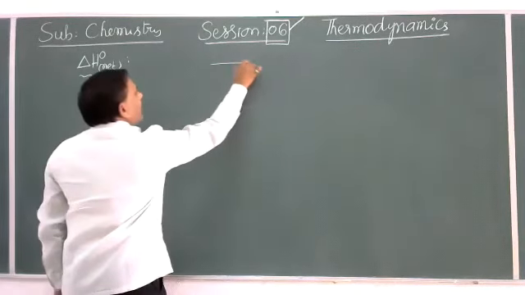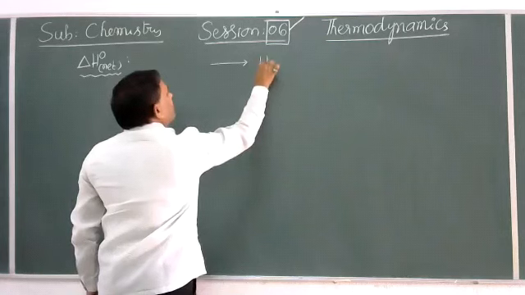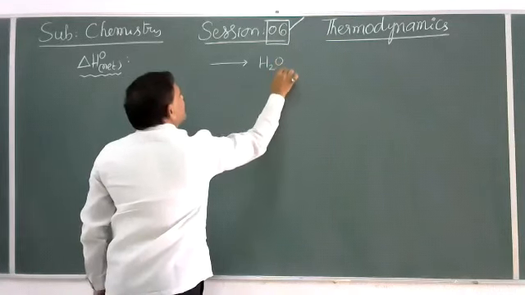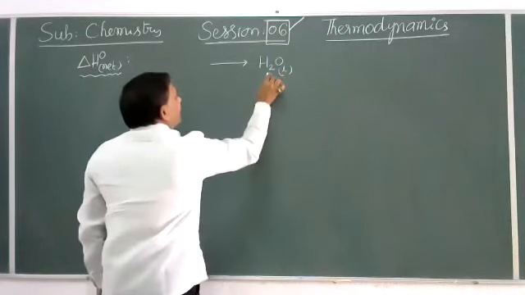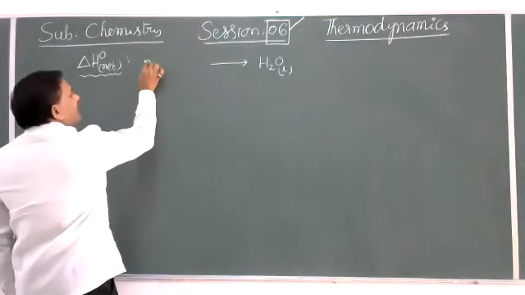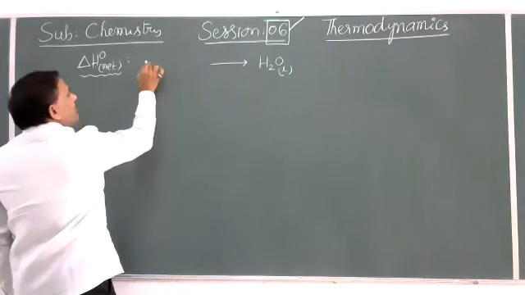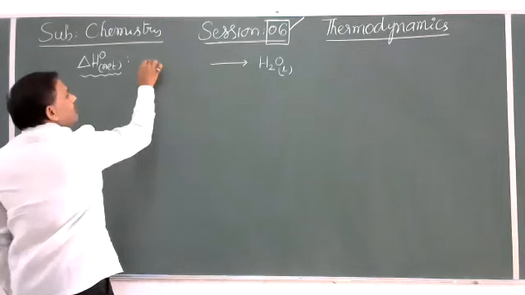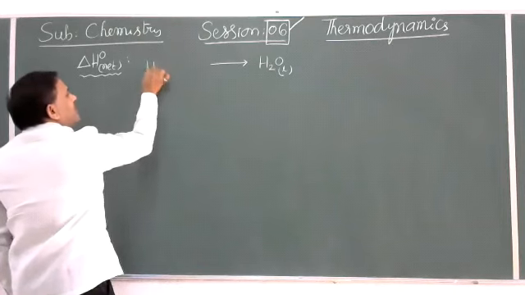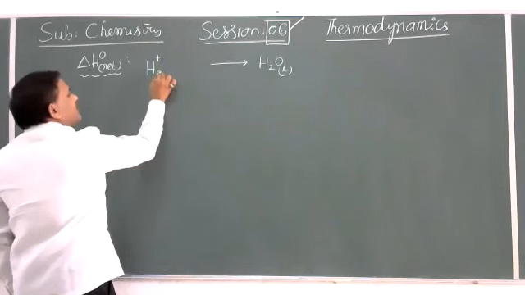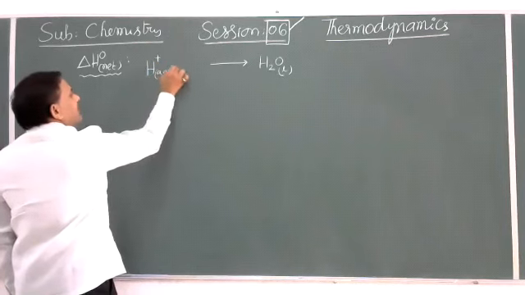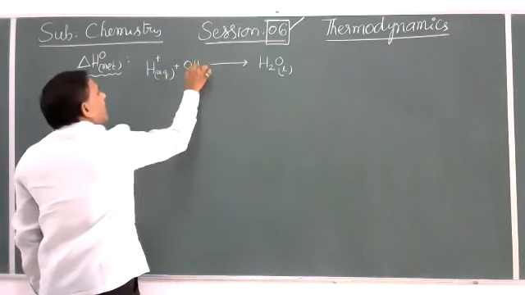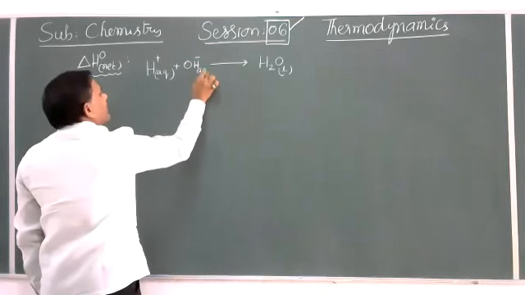In this, 1 mole of undissociated water is formed, as a liquid, from its constituent respective ions from monoprotic acids and bases, or from their dilute solutions, that is from H plus aqueous and OH minus aqueous.